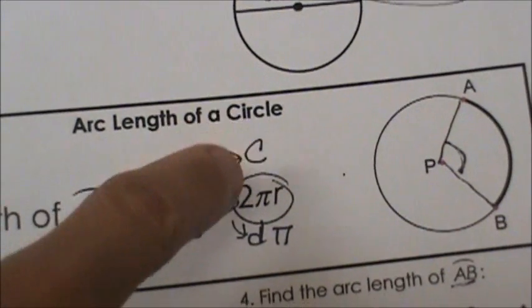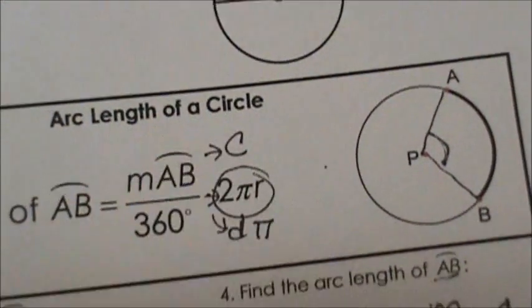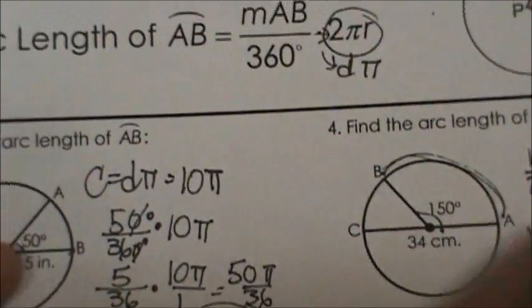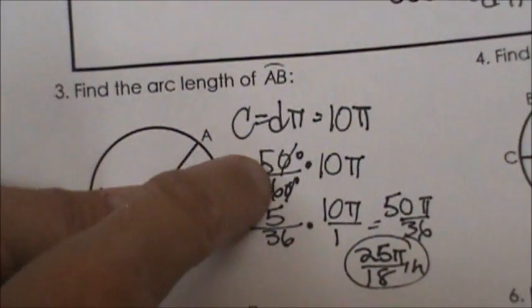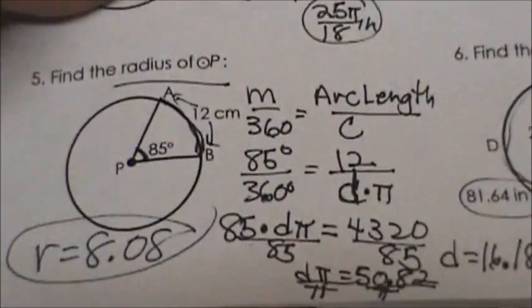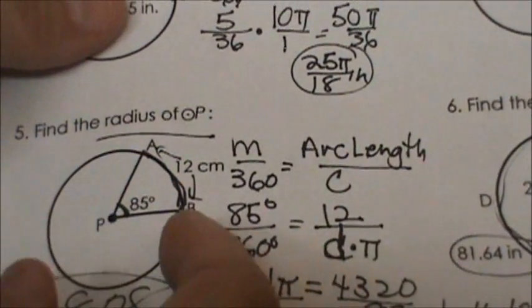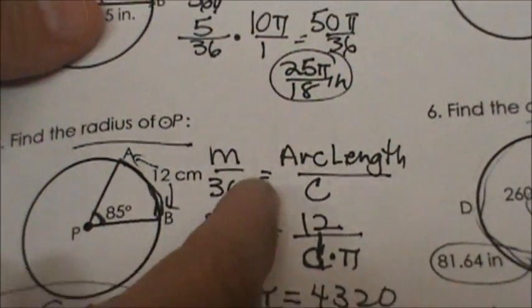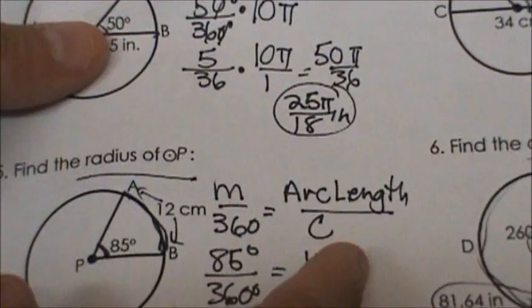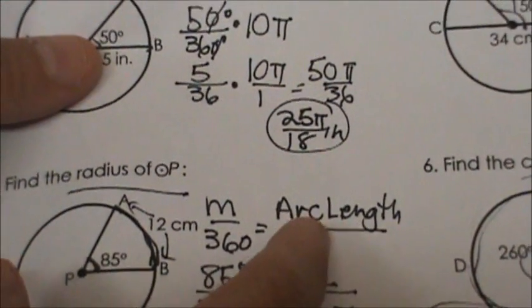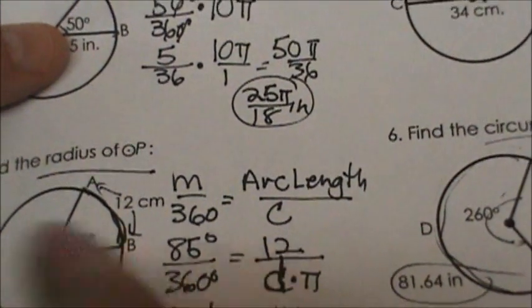If you're given circumference, if you got the radius, got diameter, use which one you want. And then you can go forward and solve for arc length. Or you can go backwards using the proportion. The measure over 360 equals arc length over circumference. And the circumference can be replaced by d pi or 2 pi r.